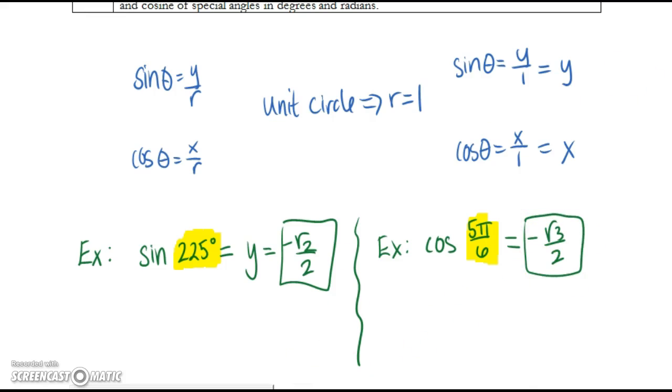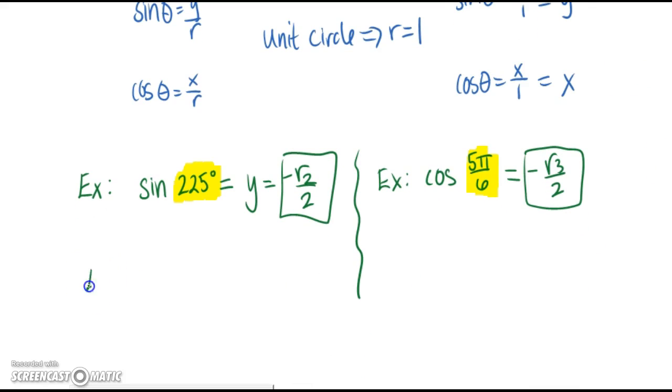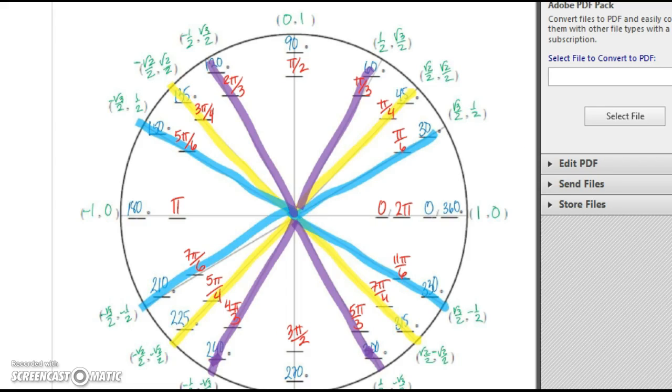Let's do another one. Let's find the sine of negative 2 pi over 3. Now we have to come to our unit circle and find negative 2 pi over 3.